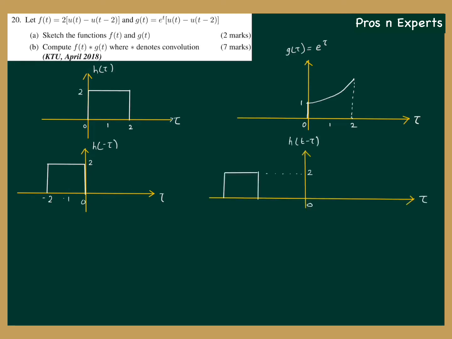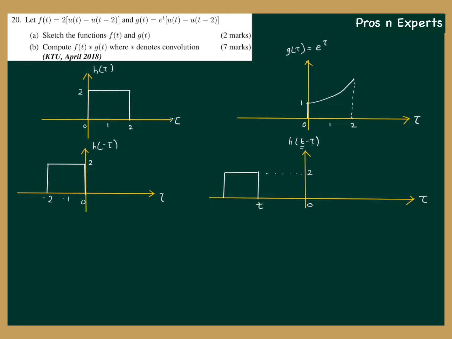Okay, this is h of t minus tau shifted by t units to the left because t is initially a negative value. So since from h of minus tau you are finding h of t minus tau by shifting h of minus tau t units to the left, then I can write this leading edge as t.